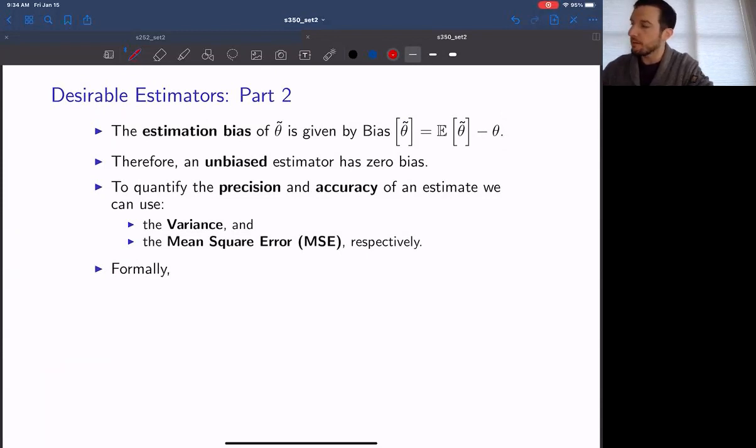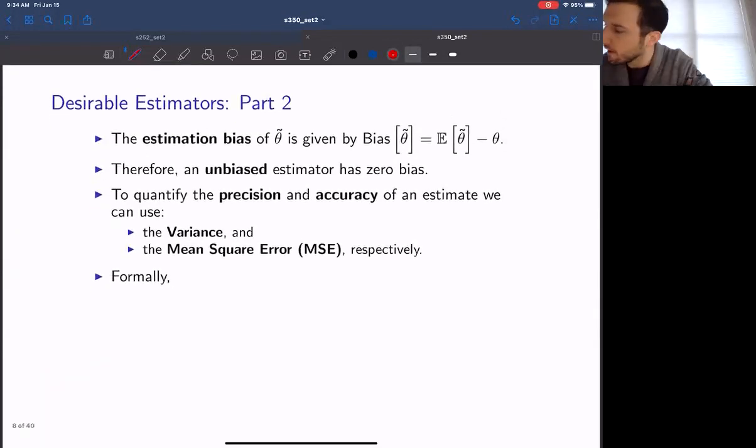So you can see from the definition given here, if the expected value of theta tilde is equal to theta, right, which is the definition of being unbiased, then the bias of theta tilde is equal to 0.